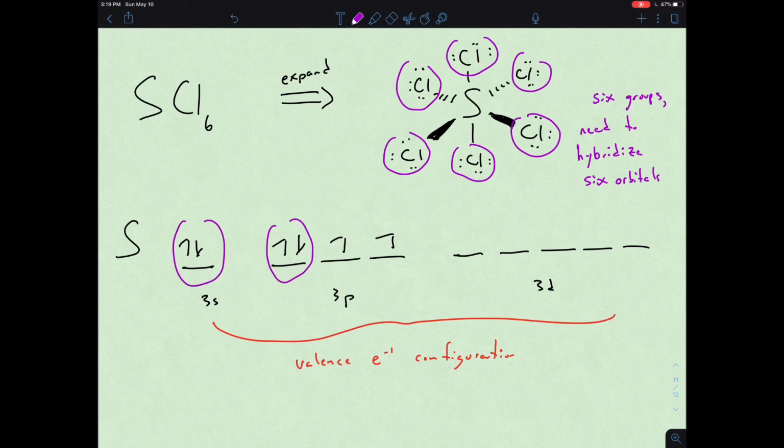So that means we just have to tack on another d orbital to the process.